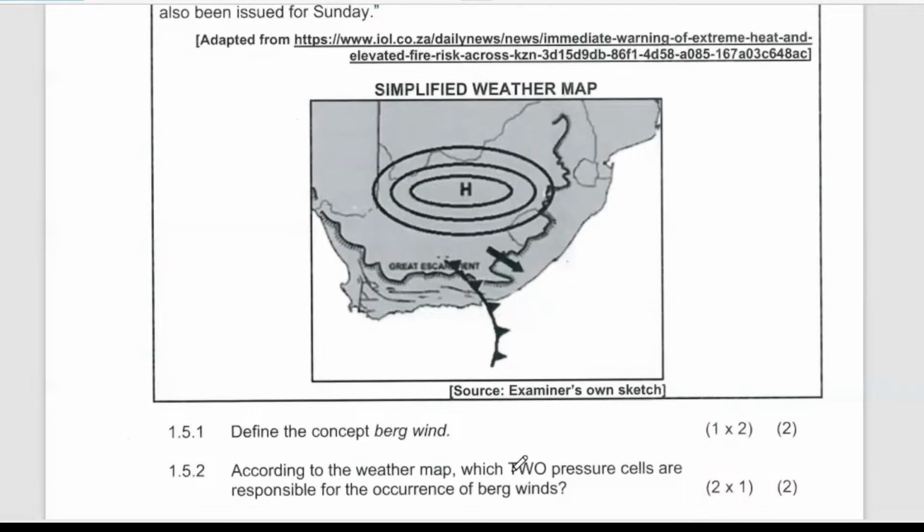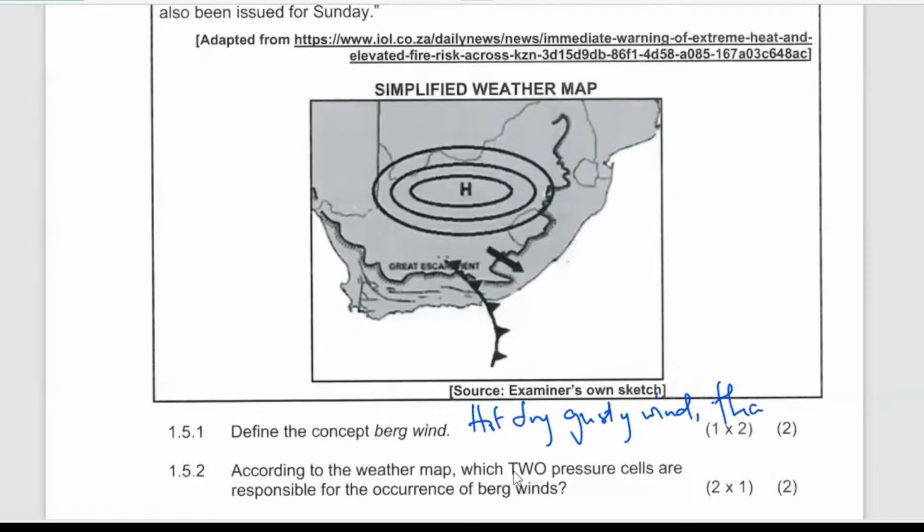Right, when we are defining these concepts, we need to capture the idea of the Berg winds. We can define it as a hot, dry, gusty wind. And we need to describe what kind of nature it has. It's hot and dry and gusty. Right. Where does it affect?